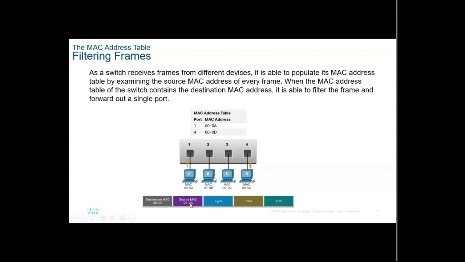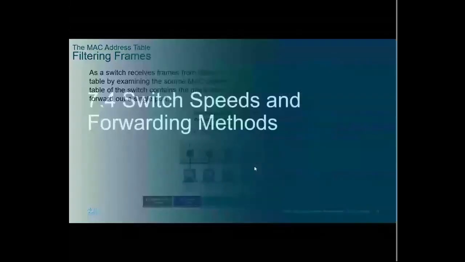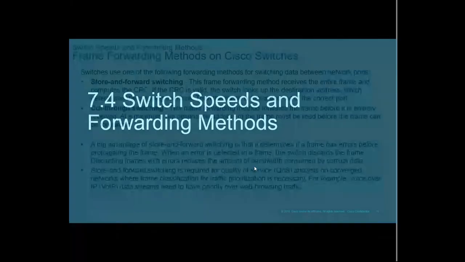So it reads the destination MAC address. Look at that, the destination MAC address 000D. And we go to the table and we go, hey, 000D is actually mapped to number 4, so it sends it out of only 4, not 3, not 2. I think that's easy enough to understand, isn't it? Okay.